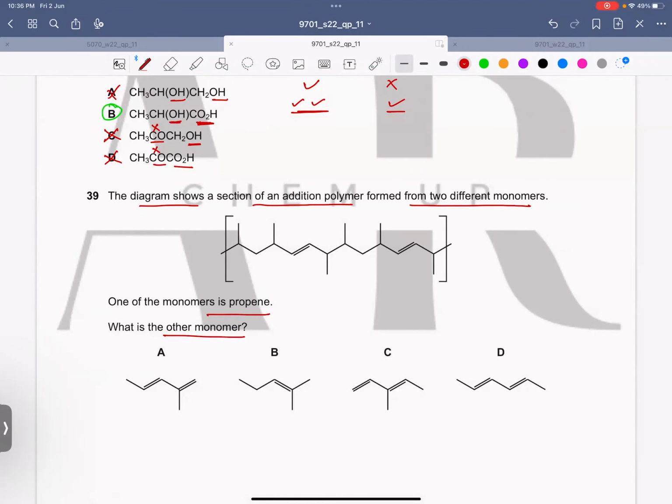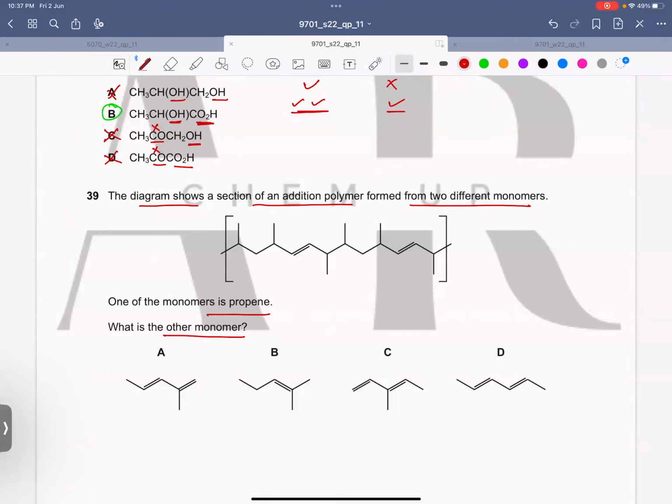What is the other monomer? Okay, so here we go.